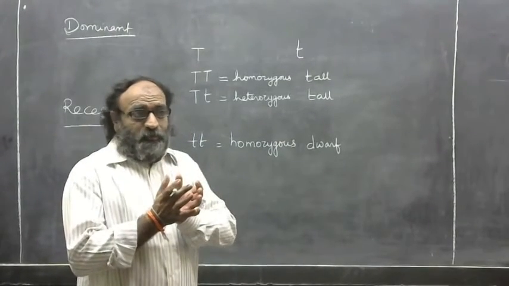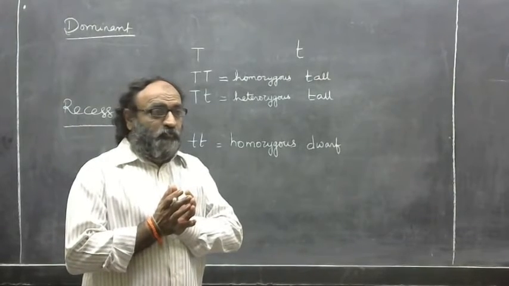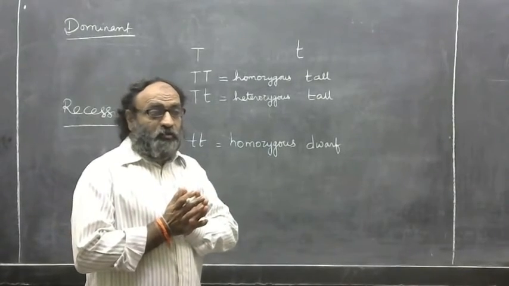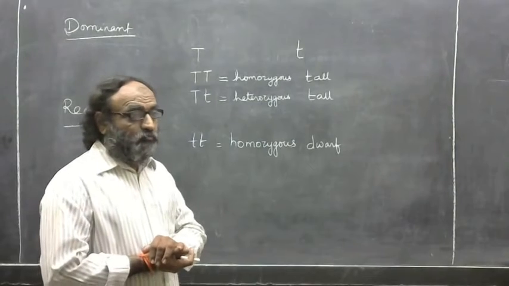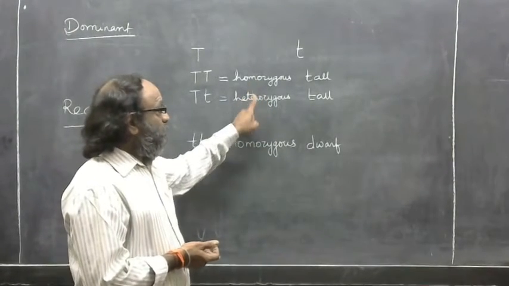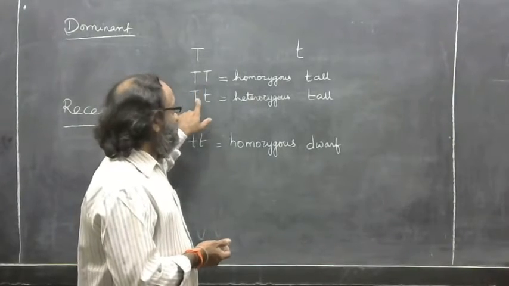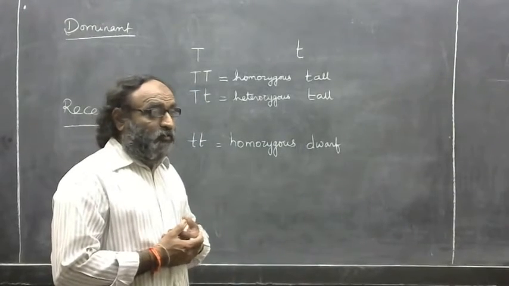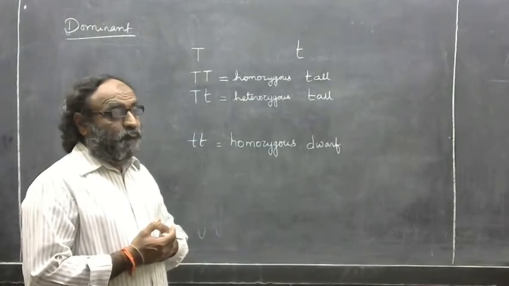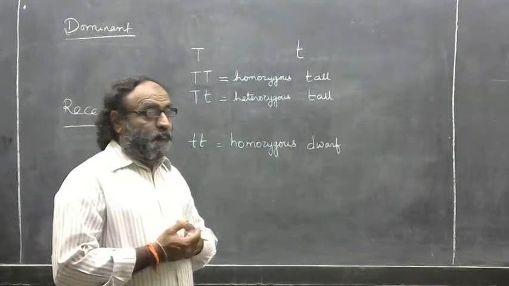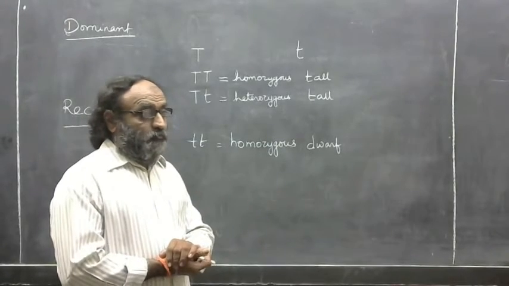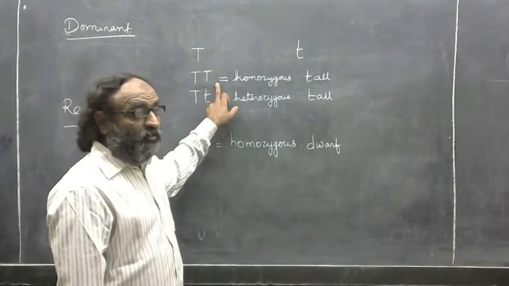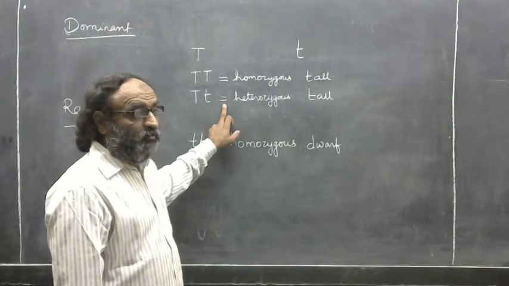Now, with this basic concept, we are going to define what is a dominant character or dominant feature and what is a recessive feature. If you observe these three conditions, capital T capital T, capital T small t, small t small t, you can easily define what is dominant and what is recessive. The character which is expressed in both homozygous condition and heterozygous condition is a dominant.